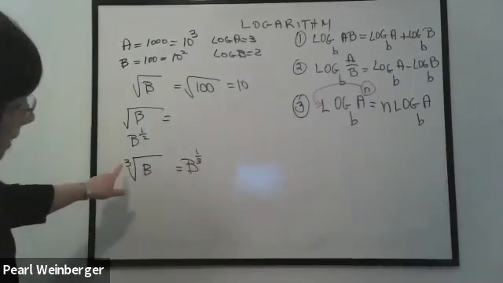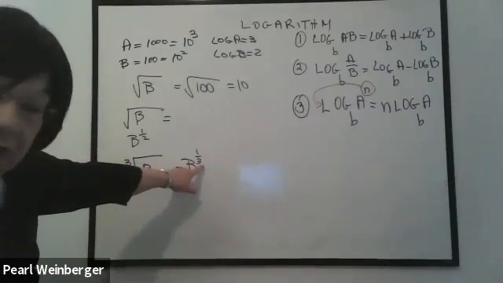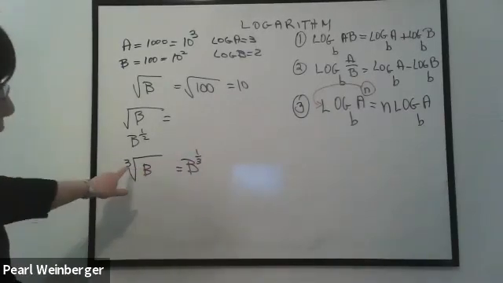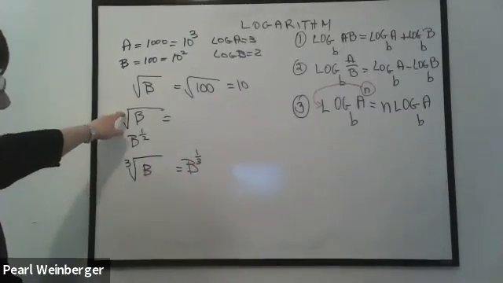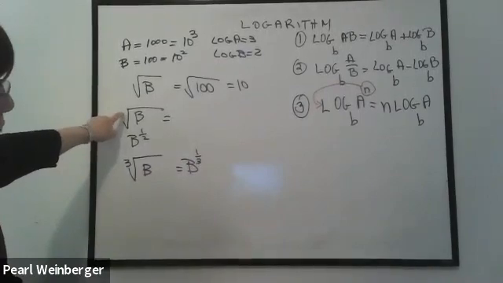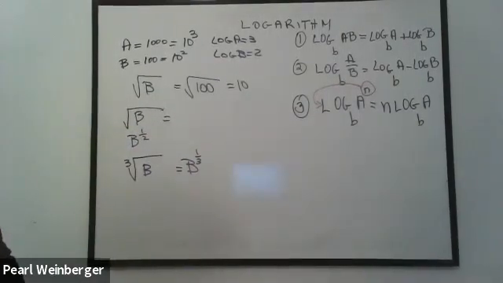What we call the denominator of the fraction is what we call the index of the radical. When there's no index written in, it means the index is really understood to be 2. That's why it means b to the 1/2. So here's rule number 1.